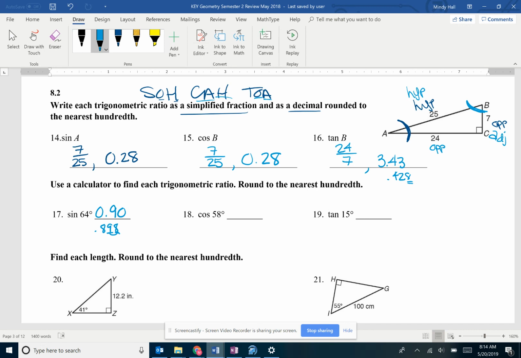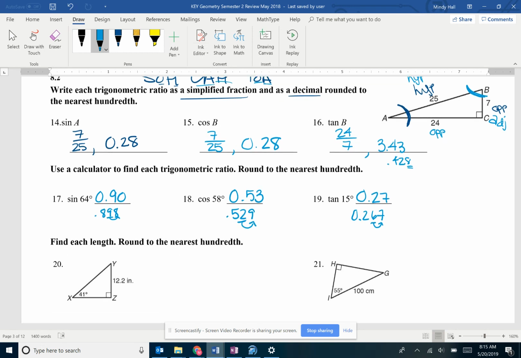For cosine of 58, it is 0.529. Again, looking at the 2, that 9 tells us to go up, so it's going to be 0.53. And then tangent of 15 is going to be 0.267. Looking at the 6, 7 tells us to round up again, so it's going to be 0.27.